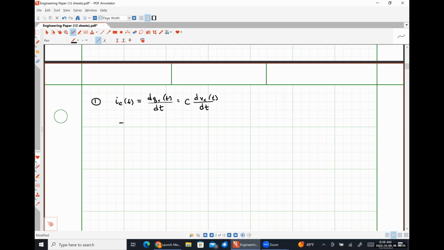Zero. Absolutely right. So in a DC system, capacitors behave like open circuits.